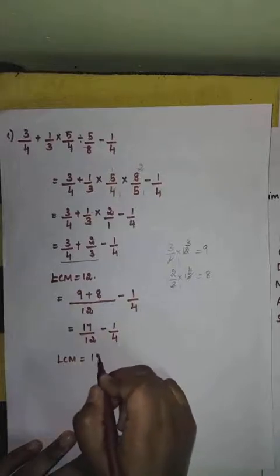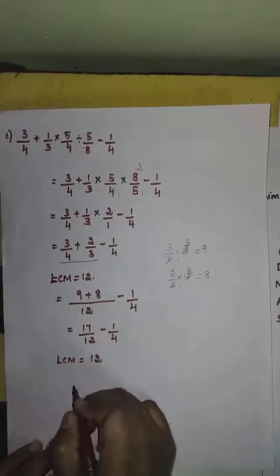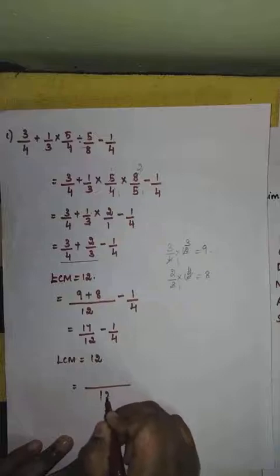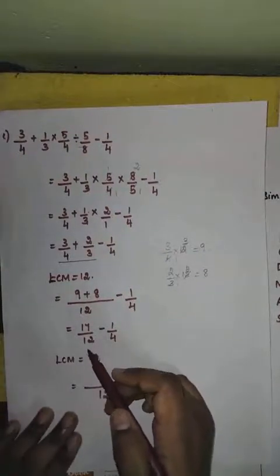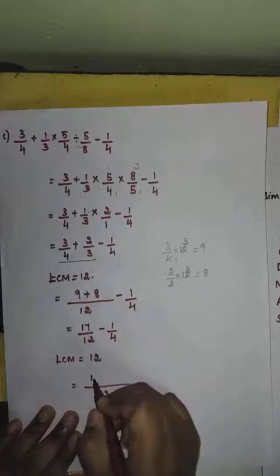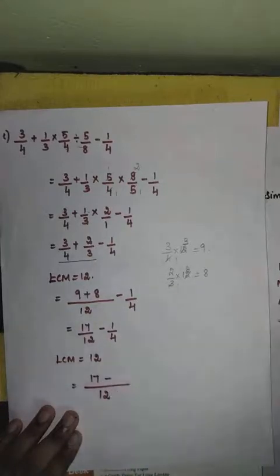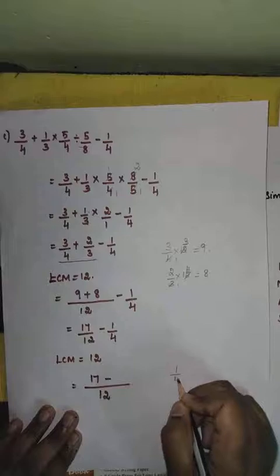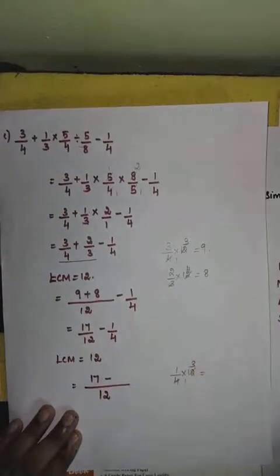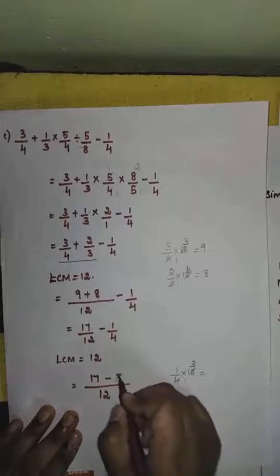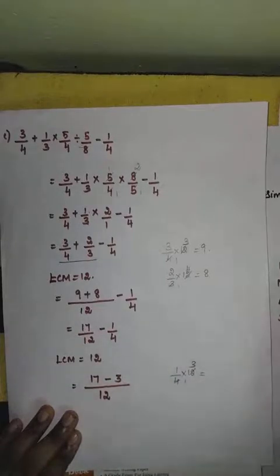LCM is 12. So we need to get the value 12. Here already the denominator is 12, so no need to change any number. Just write 17 minus, find for this number. 1 by 4 into 12 is, 1 4 is 4, 3 4s are 12. So it is 3. Okay, 1 into 3.